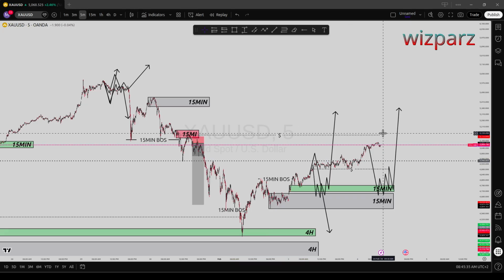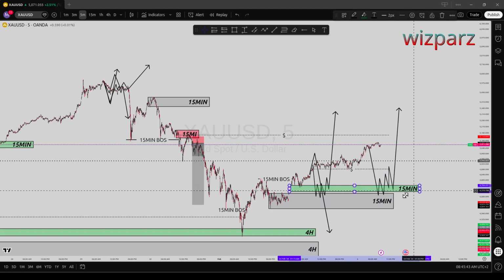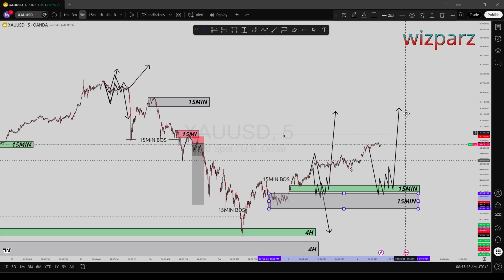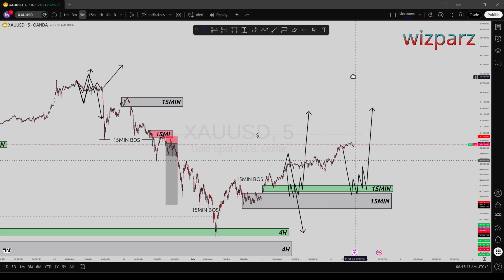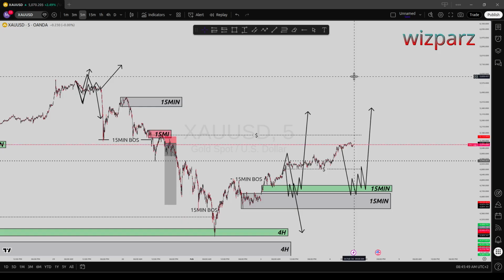So right now I'm expecting price to liquidate this before price crashing back or making a pullback to this zone. That's what I'm waiting on gold. Not much going on. That's what I'm waiting.